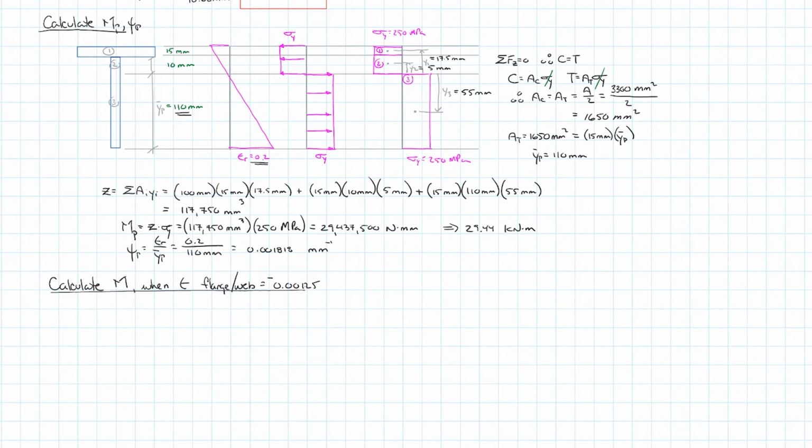The portions of the beam in this case that are elastic are symmetric, which is critical to one assumption that we want to make in order to facilitate this calculation, which is that the neutral axis will not move or will remain at the plastic neutral axis as we relieve some of the moment between there.